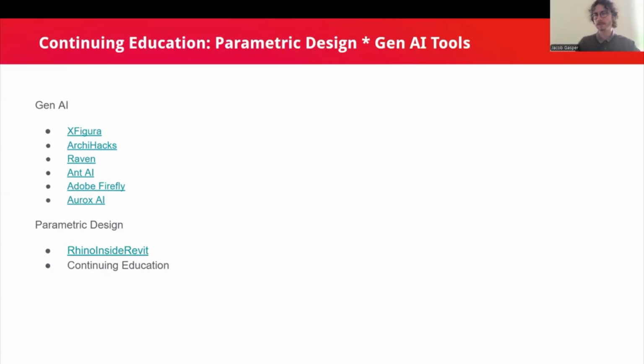And as you start to use these different tools, you'll see that different ones are good at different things based on the model they're trained on, where they're getting their data, or what their focus is.